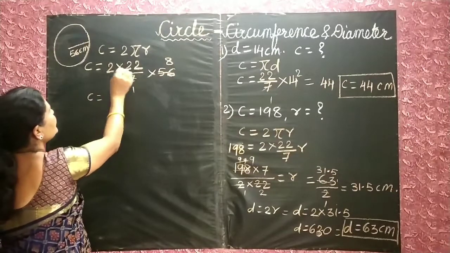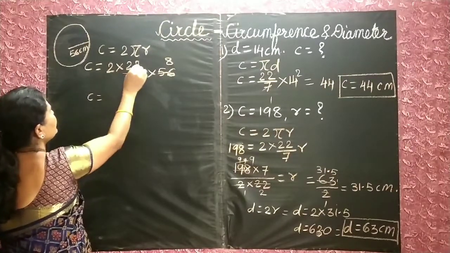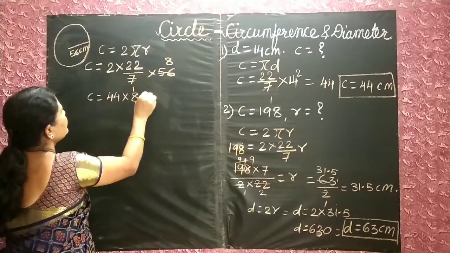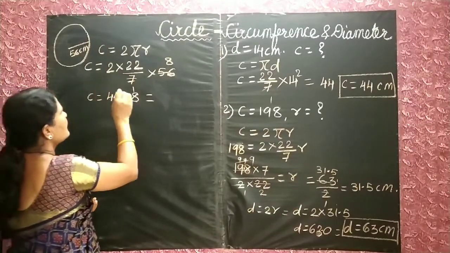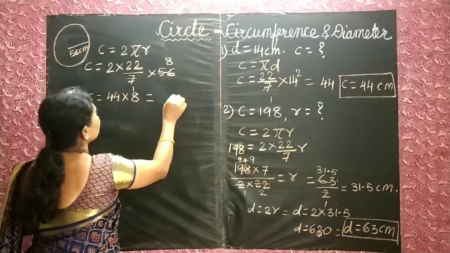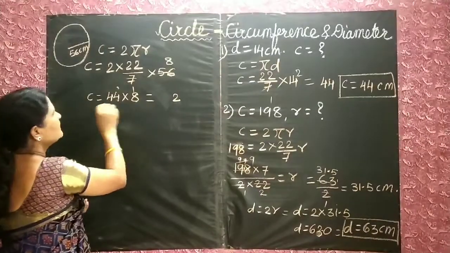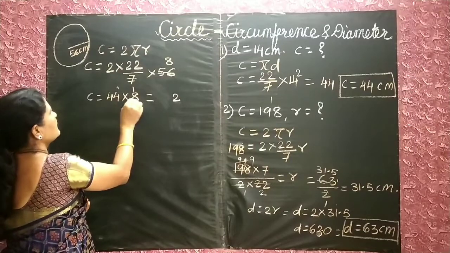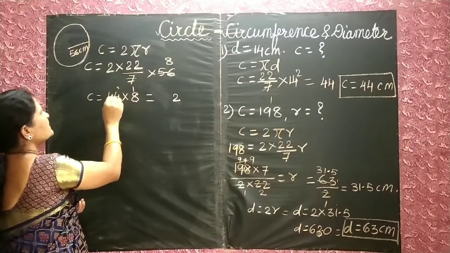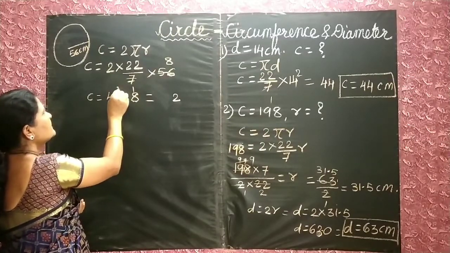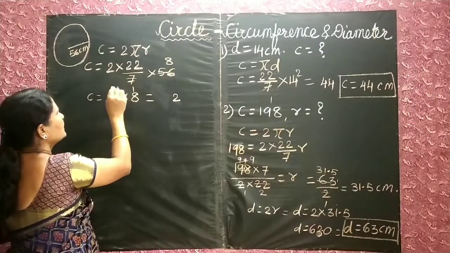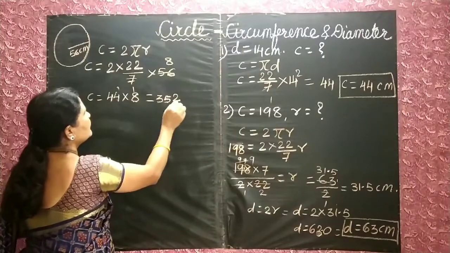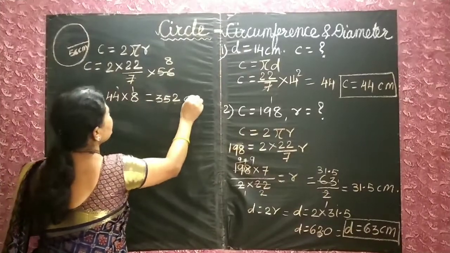Circumference is equal to 22 multiplied by 2, 44, multiplied by 8. 8 fours are 32, 3 carry. Then 8 fours are again 32, and this 3: 32, 33, 34, 35. 352 centimeter.